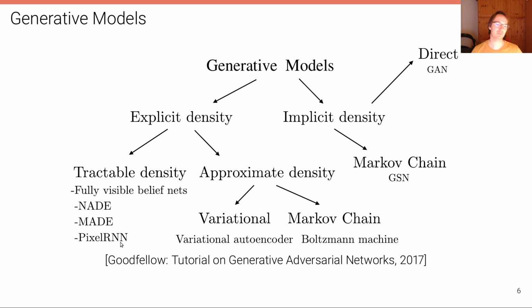Or we have models which only approximate the density, such as a variational autoencoder, using a variational approximation. On the other hand, there's also implicit density estimation models, generative models, and GANs are one of the most popular representatives of this category of models.